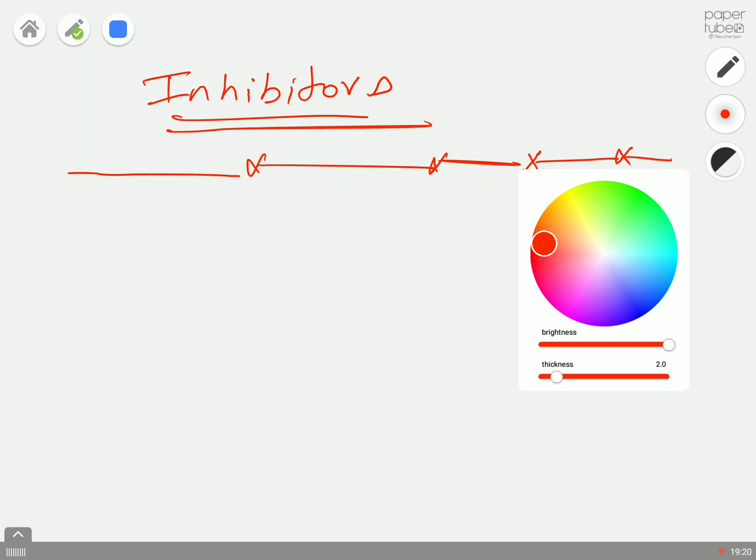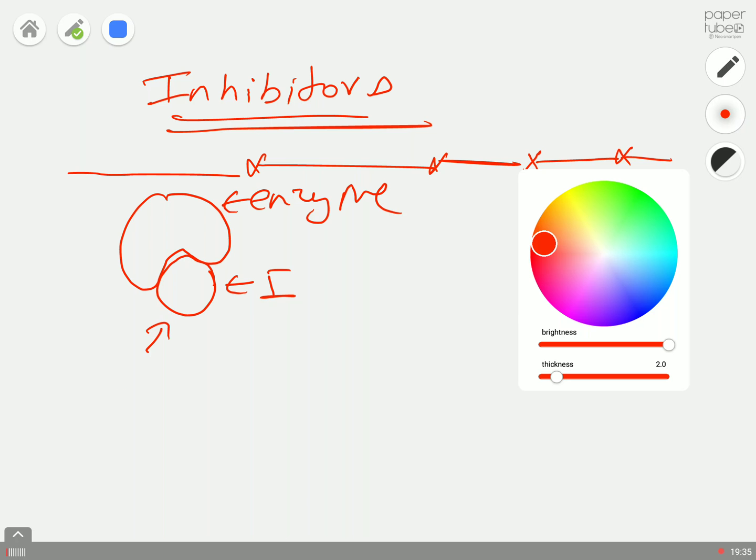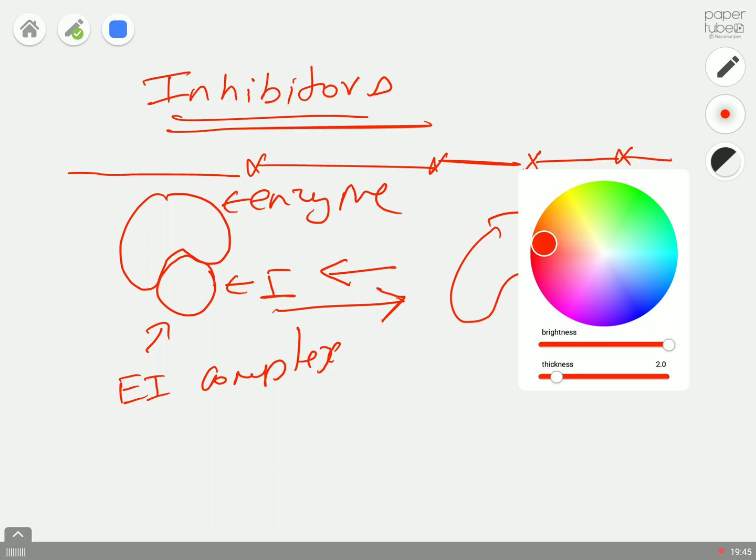And a few more properties of enzyme inhibitors. I said you have an enzyme and you have your inhibitor here. So this is the enzyme inhibitor complex, and then you can separate them into enzyme and inhibitor.